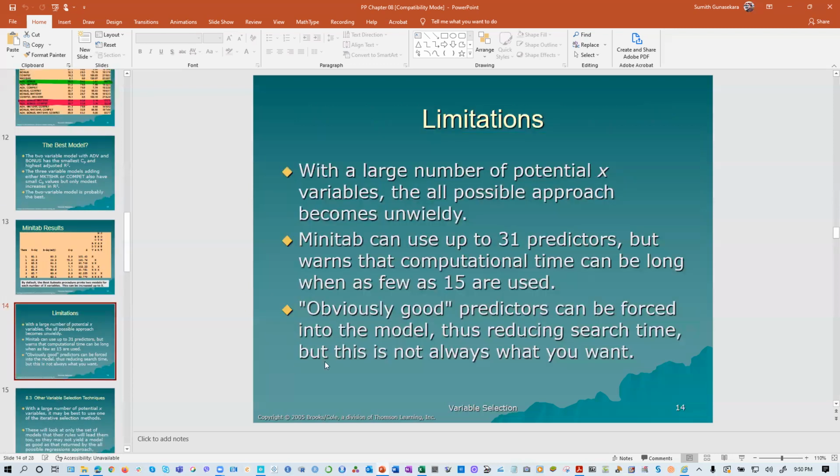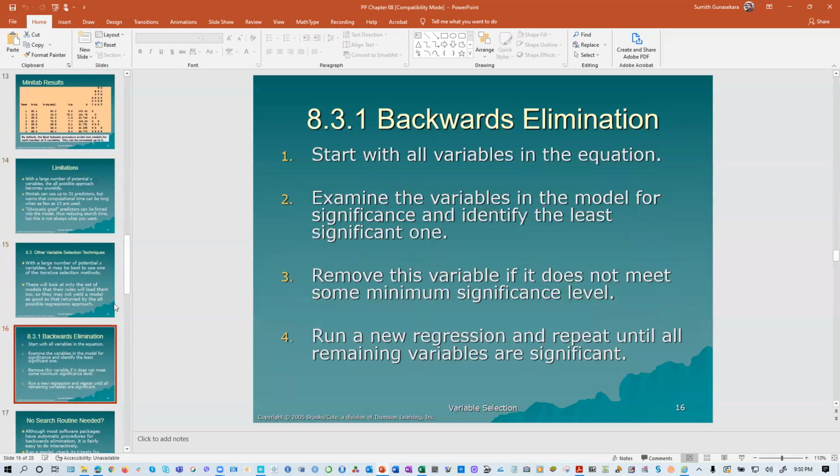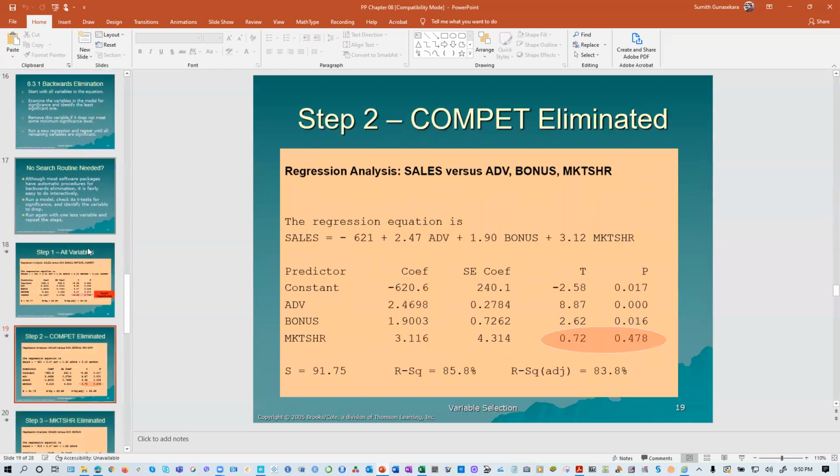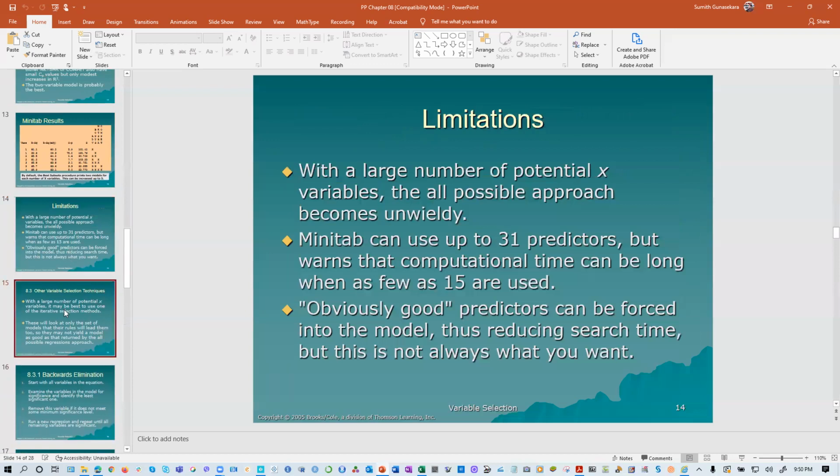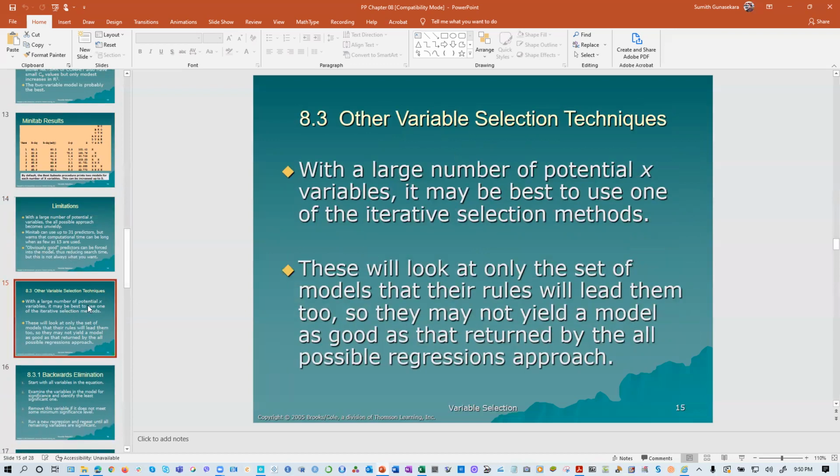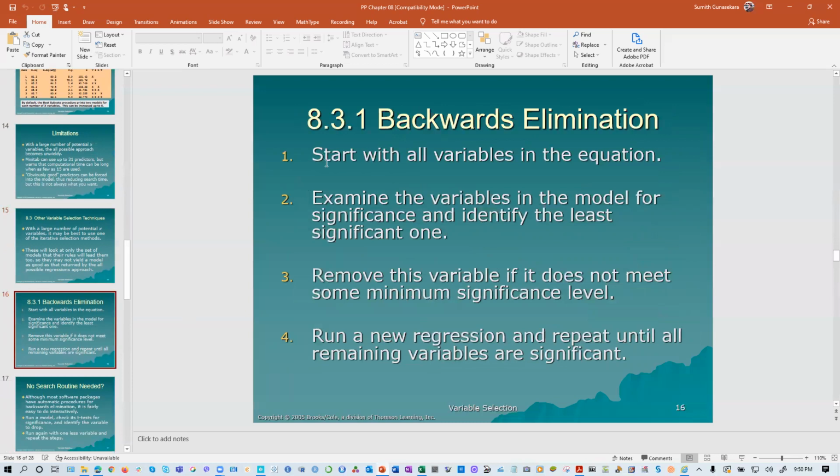That's why we jump into the iterative techniques called backward elimination and forward selection. In backward elimination, start with all variables in the equation, whatever variables you think of. Examine the variables in the model for significance and identify the least significant one. Remove this variable if it does not meet some minimum significance level. Run a new regression and repeat until all remaining variables are significant.